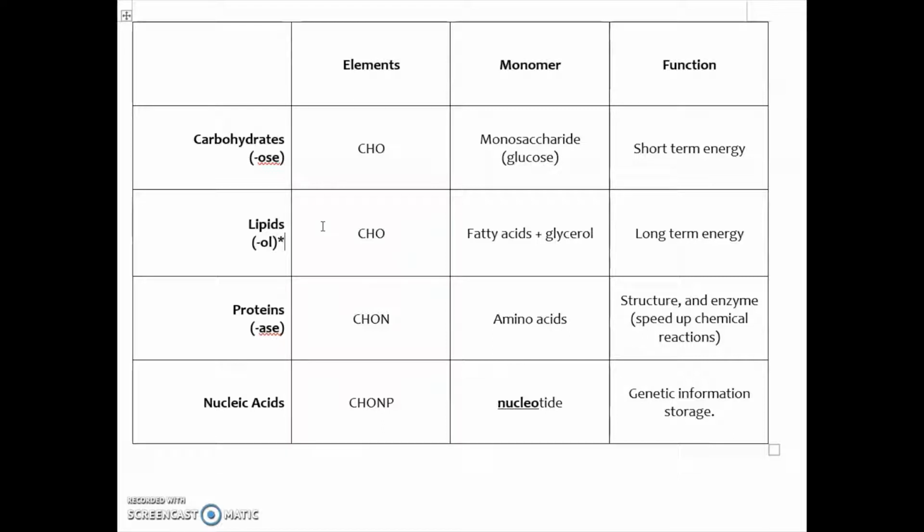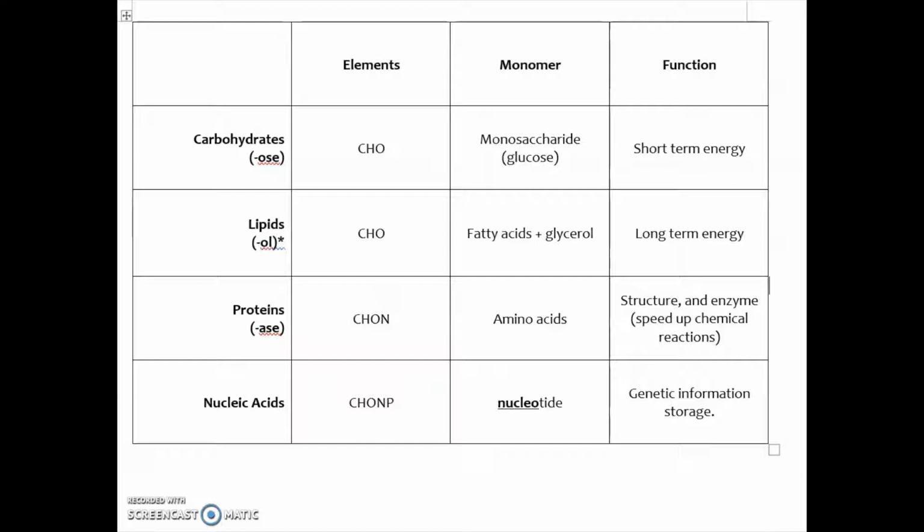It is just a guide to help you make an educated guess that if something ends with OL, it's a lipid. But OSE, always carbohydrates. ASE, always proteins, specifically enzymes. So all enzymes can be named ASE. Not all enzymes have ASE, but all ASEs are enzymes, and therefore they are proteins.